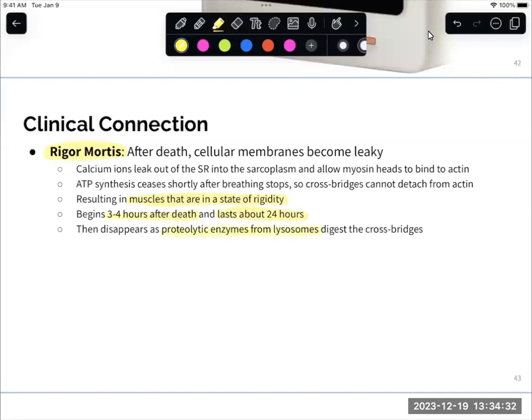Again, our cells getting leaky start to leak out, and it starts to break down that actin and that myosin, which causes those cross bridges to break. This is what causes rigor mortis and what causes the end of rigor mortis.